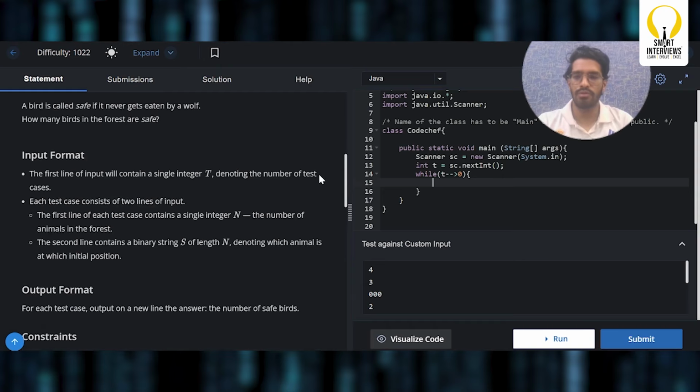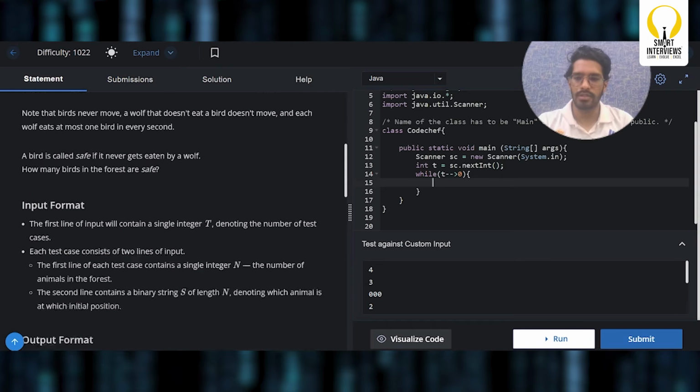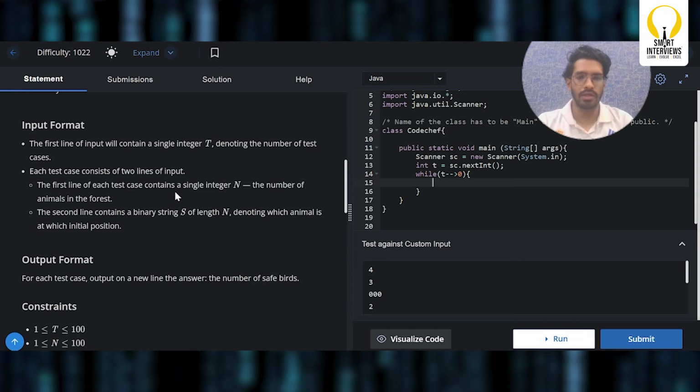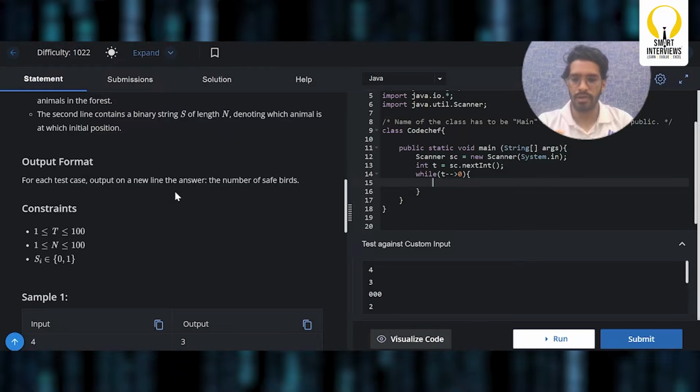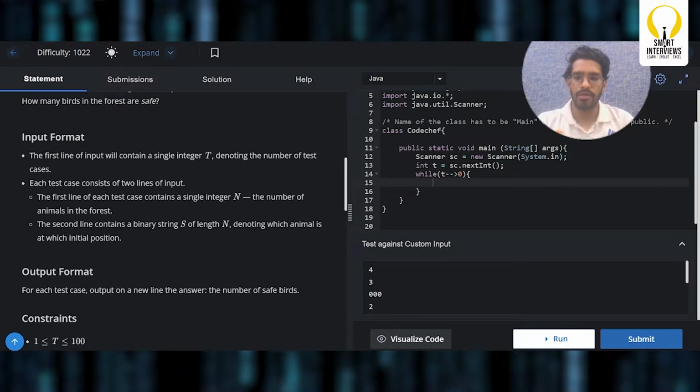So if you come down to the code part, as you can see, let us first go through the input format and output format and also look at the constraints. The constraints are very small, so you need to have a very straightforward solution. Now, by looking at the input format, we can say that you have an integer t. Basically, you will be having test cases.